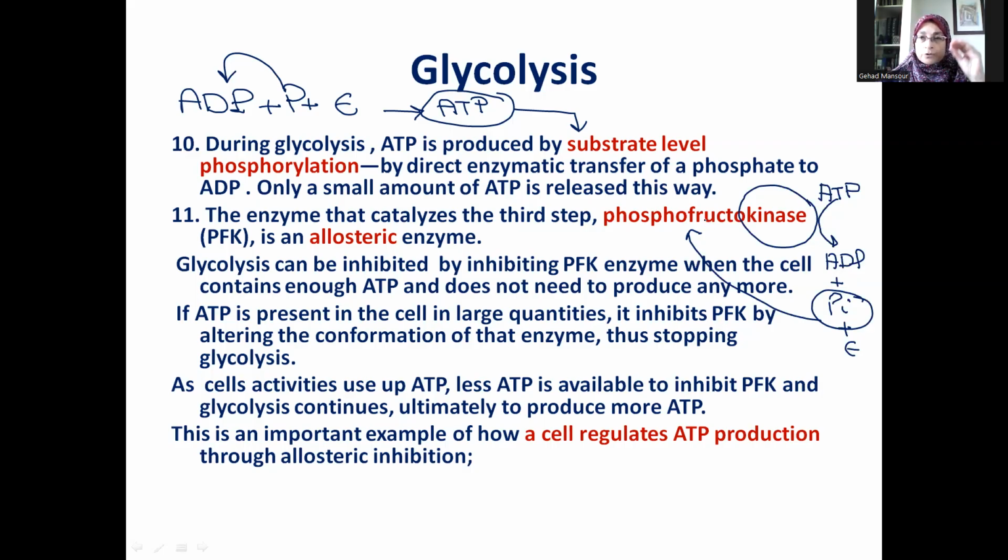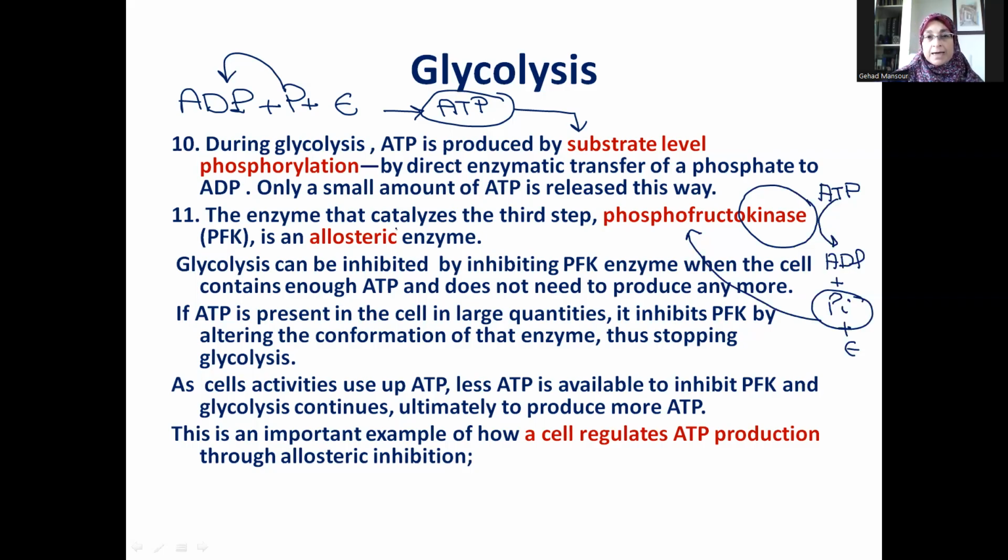Since fructose, the substrate in this case, already contains a phosphate group, then we call it fructose 6-phosphate. So phosphofructokinase will phosphorylate an already phosphorylated fructose. So at the beginning, fructose had only 1 phosphate group, and at the end of the reaction, it will contain 2 phosphate groups, as we will see on the next slide.